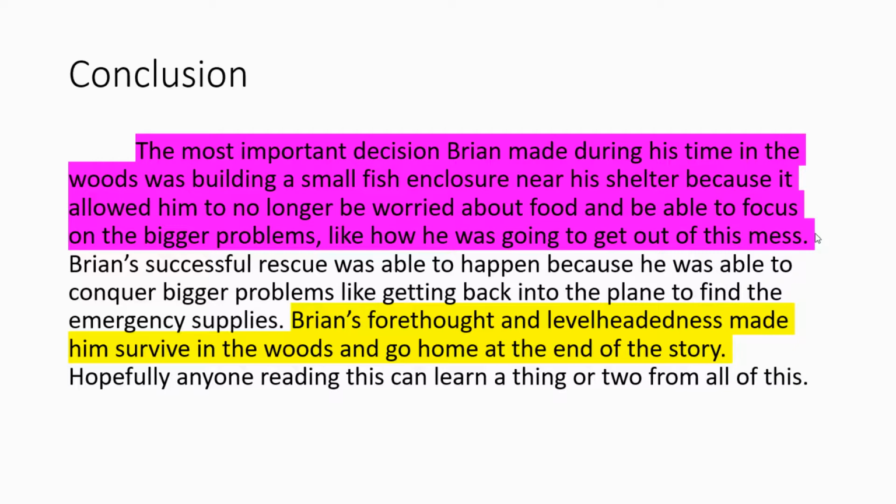I've already talked about that. Brian's successful rescue was able to happen because he was able to conquer bigger problems, like getting back into the plane to find the emergency supplies. Brian's forethought and level-headedness made him survive in the woods and go home at the end of the story. Hopefully anyone reading this can learn a thing or two from all of this.